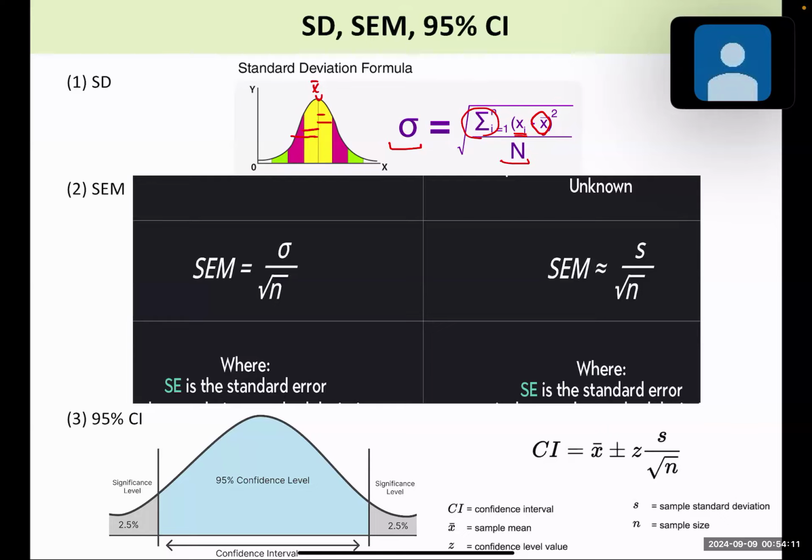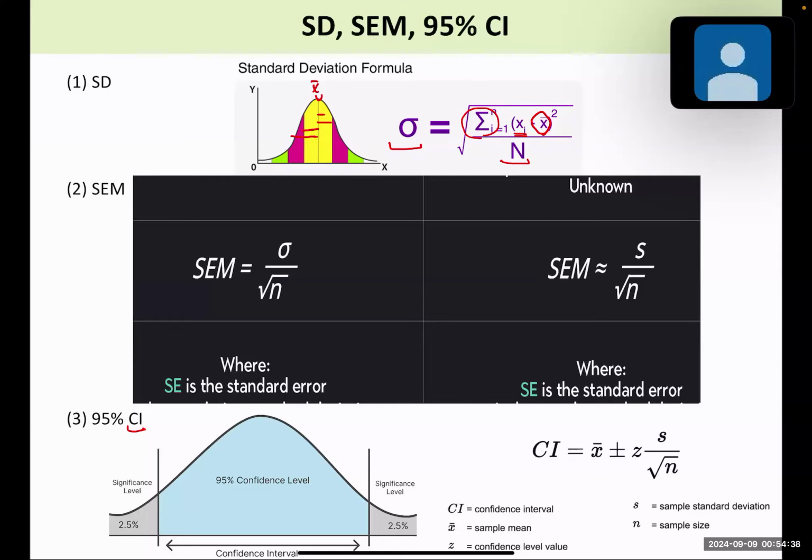And then we also have the 95% confidence interval. So this means the confidence interval where statistically more than 95% of all samples are located, right? So this is a 95% confidence interval.